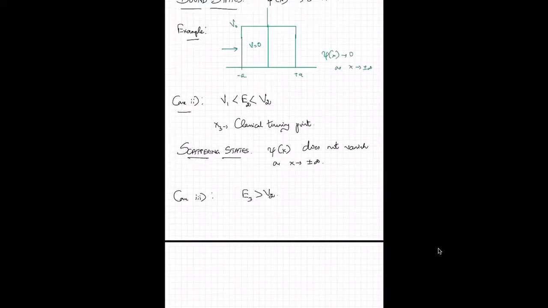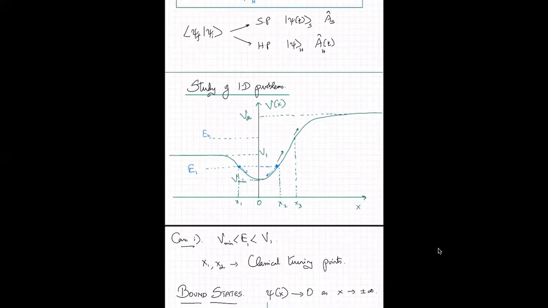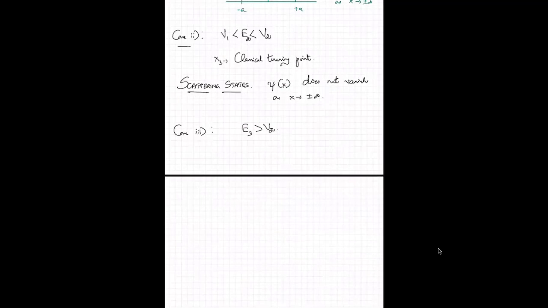Then this particle will never have even a single classical turning point, because if I throw it along the right or along the left, since its energy is much greater than the value of the potential at any point along the x-axis, it will simply keep going along the plus x-axis or minus x-axis, depending on which way it is released. So this is a purely scattering state, and there are no bound states in this particular case for the potential that I have drawn. Only scattering.